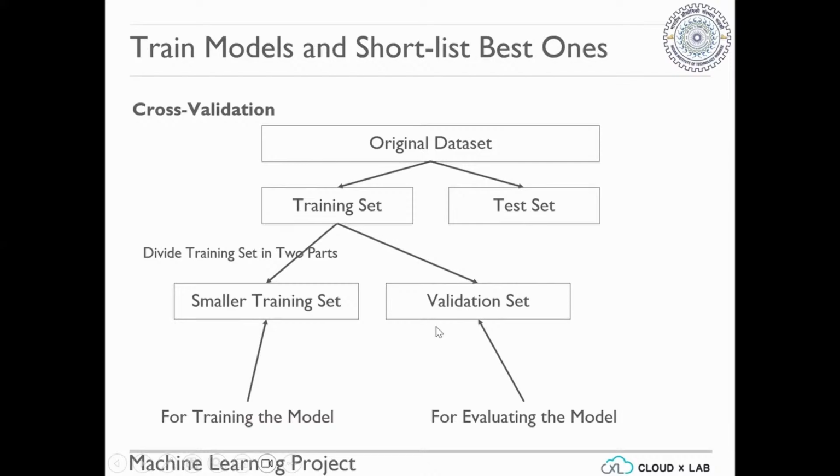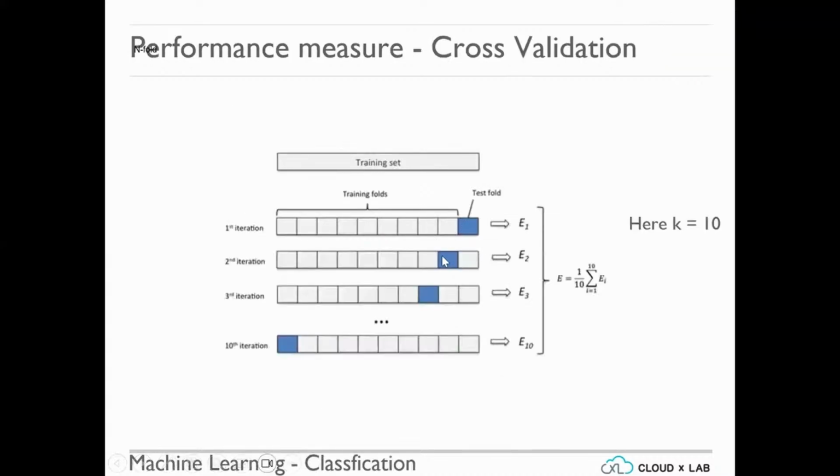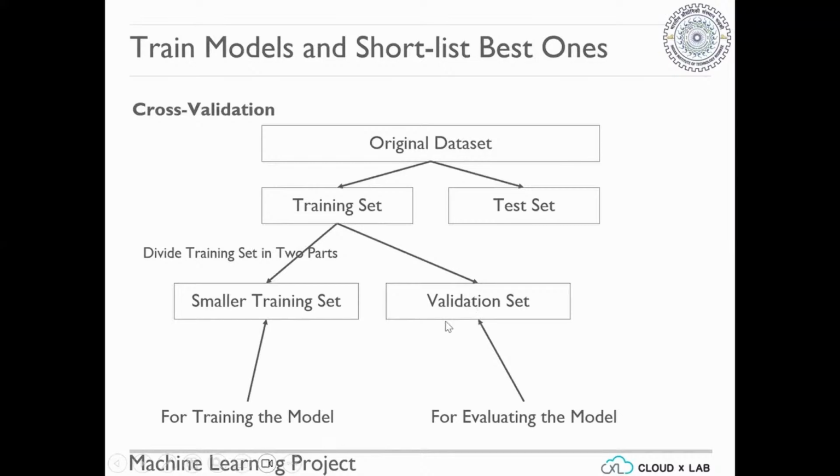To avoid that risk, we make this division multiple times so that on average the assumption holds. One time you may be unlucky, another time still unlucky, but if you repeat this process several times, there is a very low probability that the validation set is not a good proxy for future data. This is why we repeat this process multiple times.